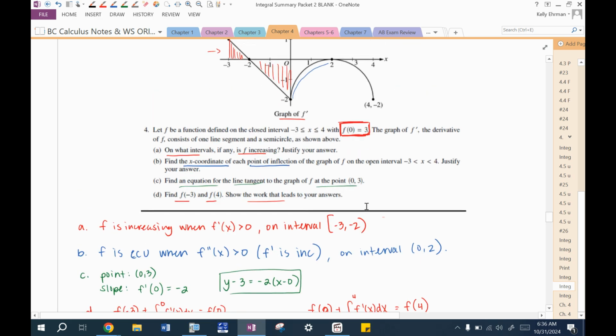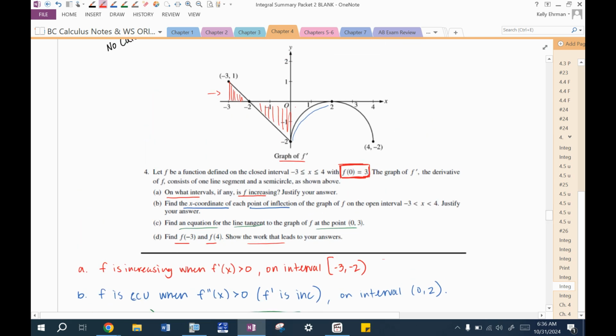What's the area from 0 to 4? So take a look at this area here. We're looking for this area. Now, what is that area? It's not just like the area of the semicircle, right? Take a look at this. What you really need to do is find the area of this big rectangle and subtract the area of that semicircle, and then you'll be left with that upper portion.